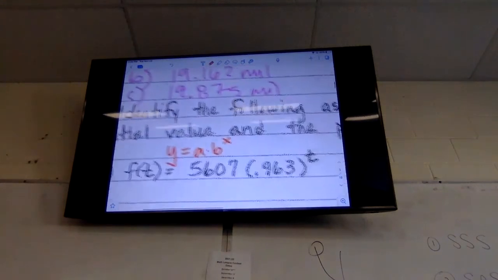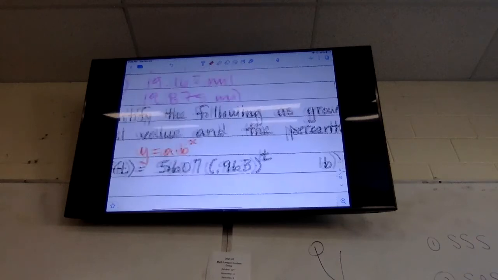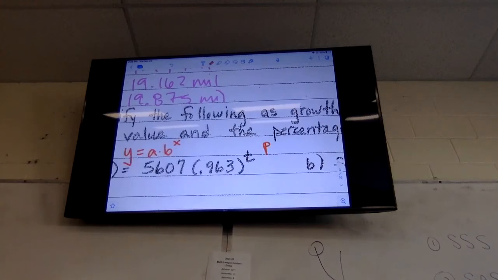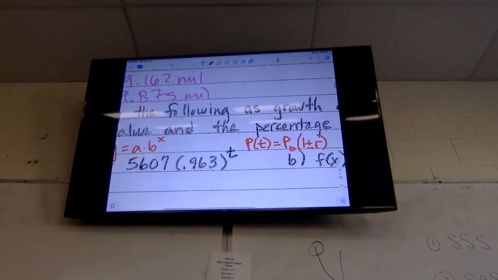That's not wrong, but I'm going to replace some of those variables to make a little more sense in a word problem situation. So instead of y, I'm going to say P of t. And instead of a, I'm going to say P sub 0. Sub 0 means a subscript of 0, times (1 plus or minus r) raised to the t.